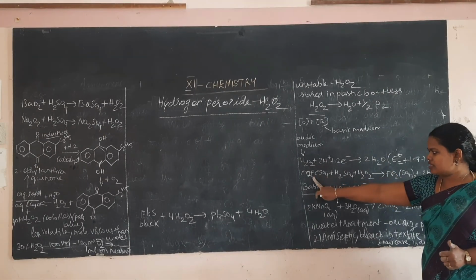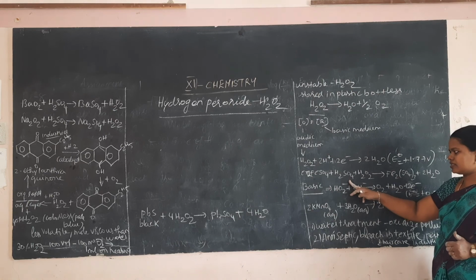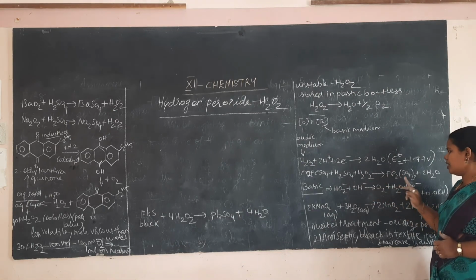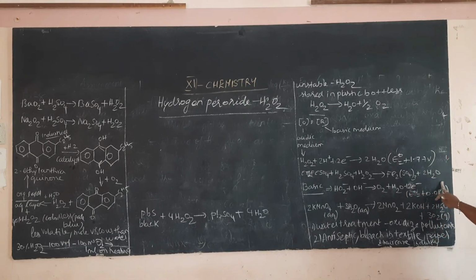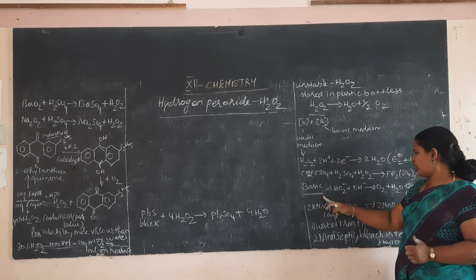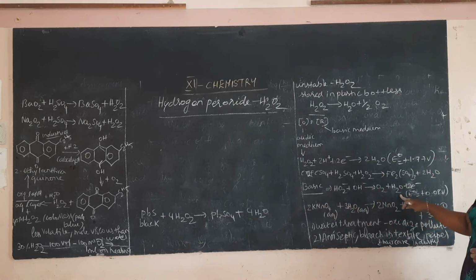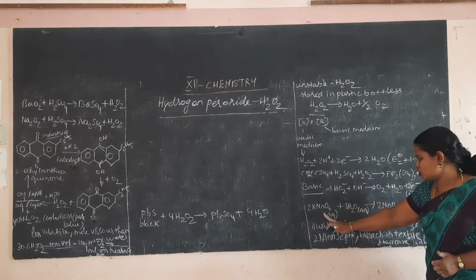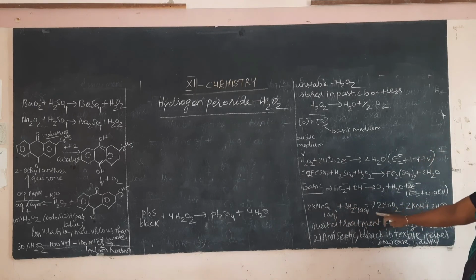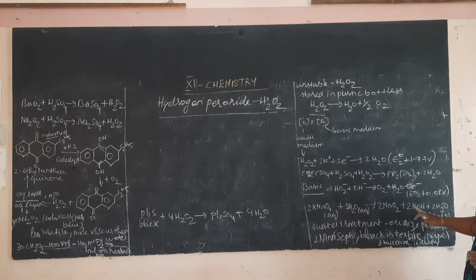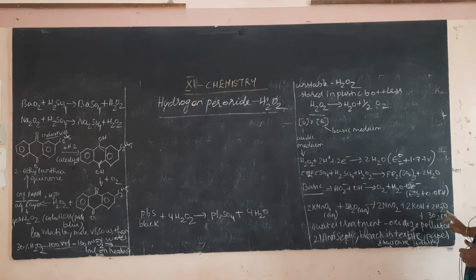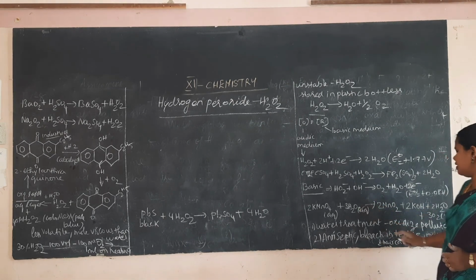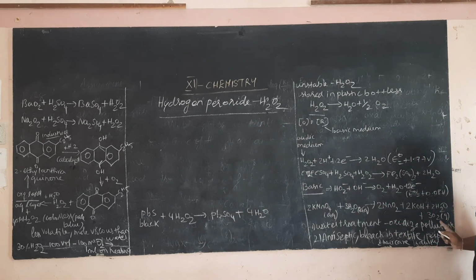For example, ferrous sulfate reacts with sulfuric acid and hydrogen peroxide to form ferric sulfate plus water. In the basic medium it forms water and oxygen, and potassium permanganate when treated with aqueous hydrogen peroxide forms 2MnO2 plus 2KOH plus 2H2O plus 3O2 gas.